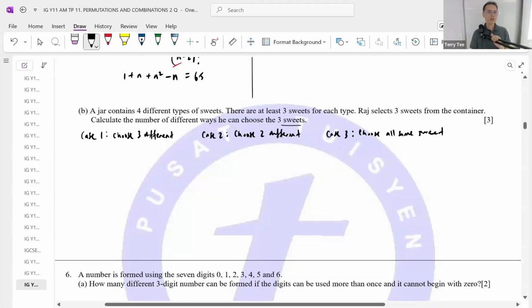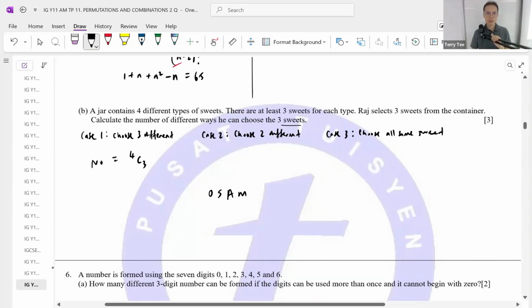So now, how do you choose 3 different sweets? You've got 4 different sweets, and I choose any 3. For example, your sweets can be orange, strawberry, apple, and mint or some other. So you can choose any 3.